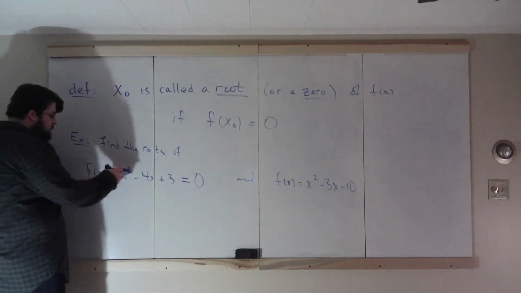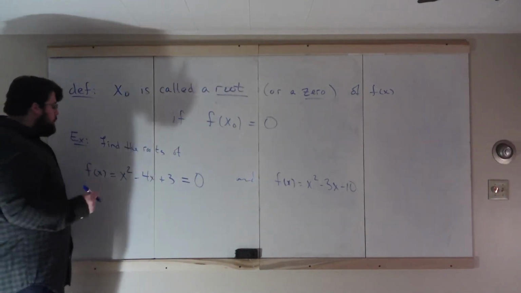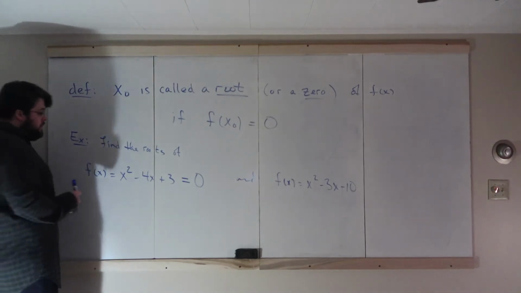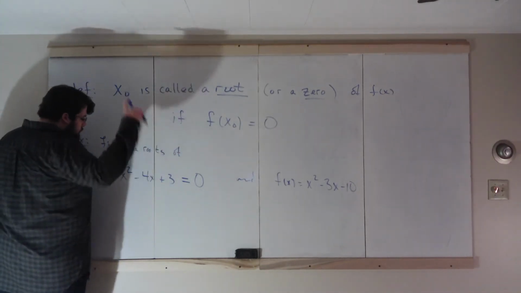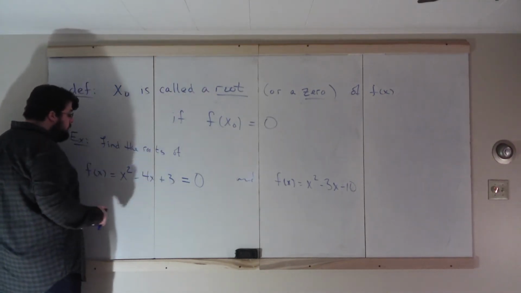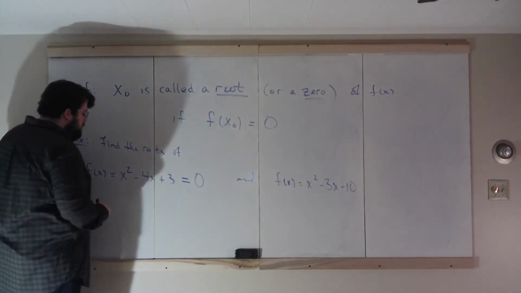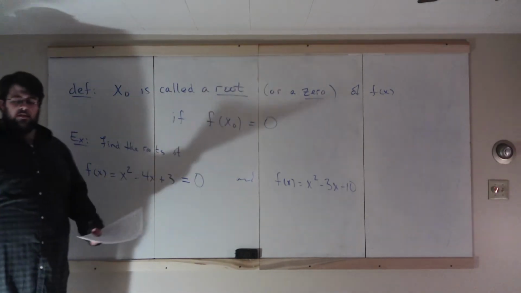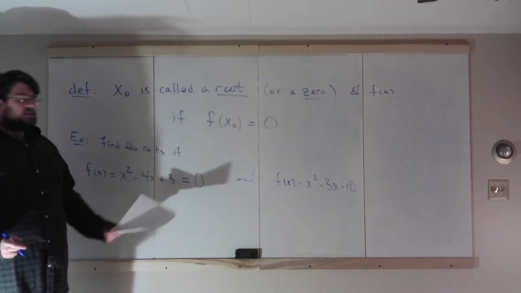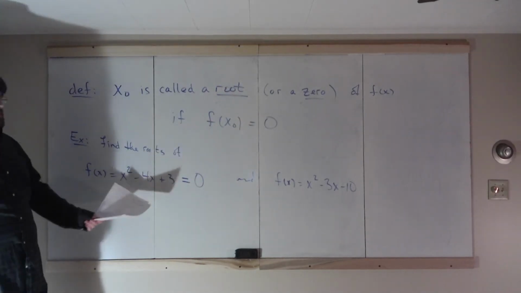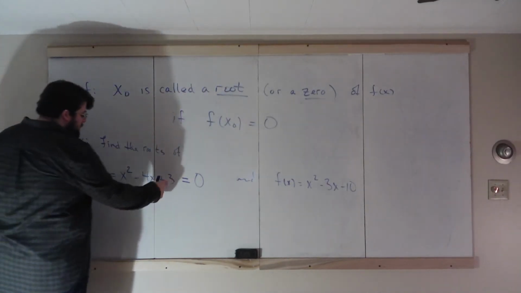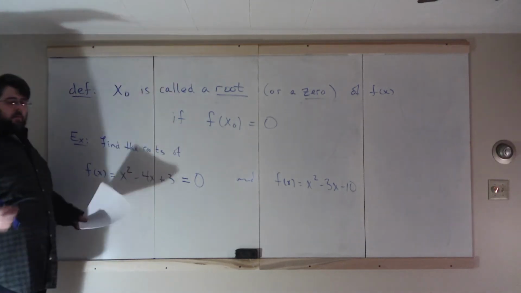Well, can we factor this? Yes, we can. How can we factor it? Well, we need two numbers which make a positive 3 and make a negative 4. Well, positive 3 and positive 1 make a positive 3, but they don't make a negative 4. However, negative 3 and negative 1 make a positive 3.